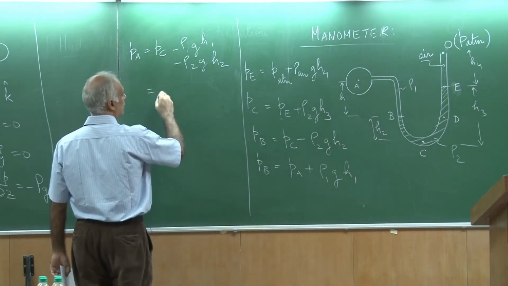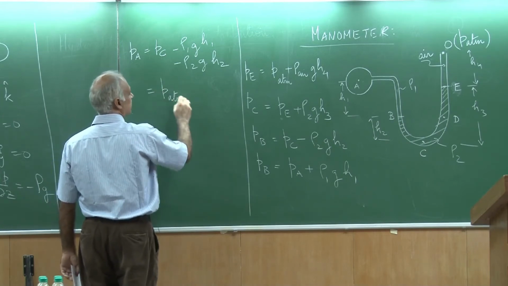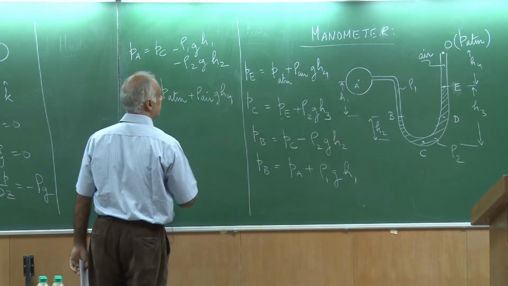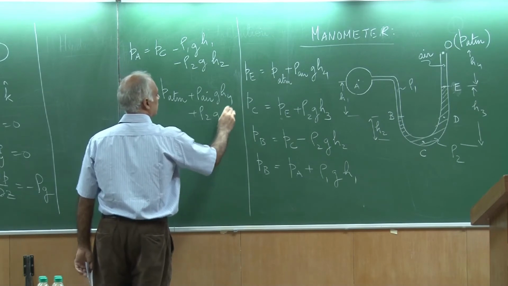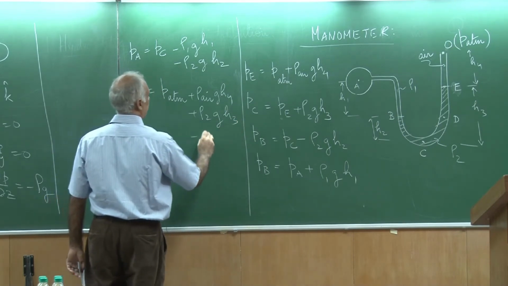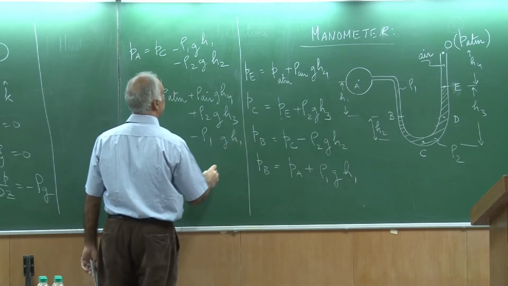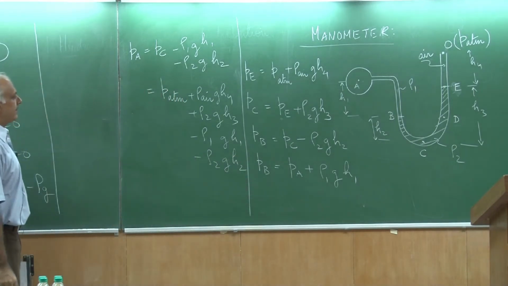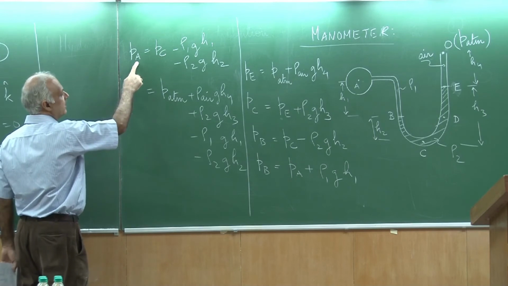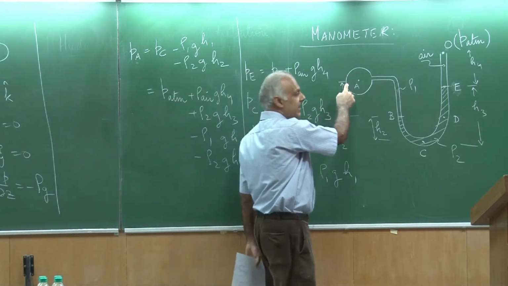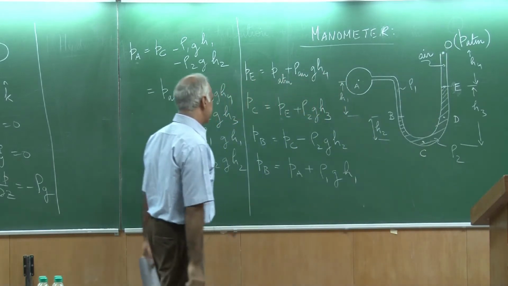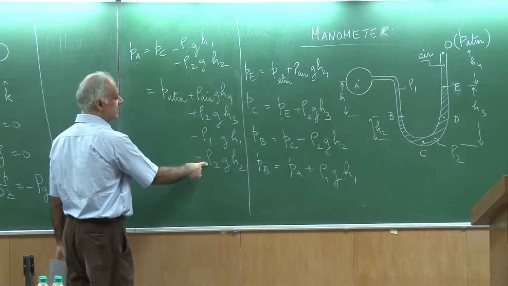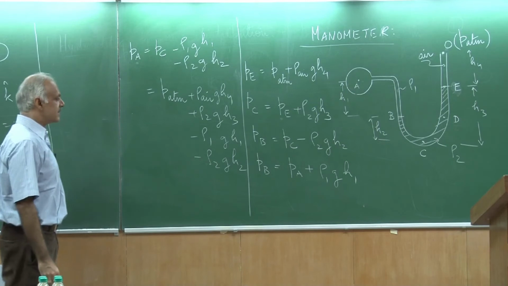That is going to be equal to P atmosphere plus rho air G H4 plus rho 2 G H3 minus rho 1 G H1 minus rho 2 G H2. Okay. So, this is the relationship between the pressure inside the bulb A and the atmospheric pressure. If I knew the densities of these different fluids, then I should be able to calculate this.